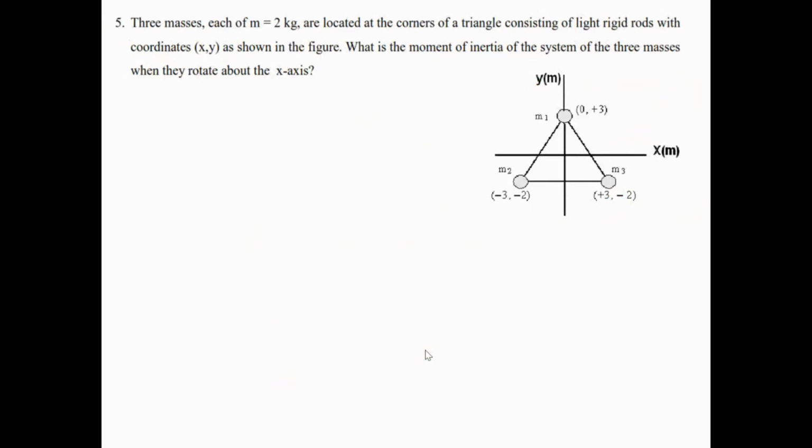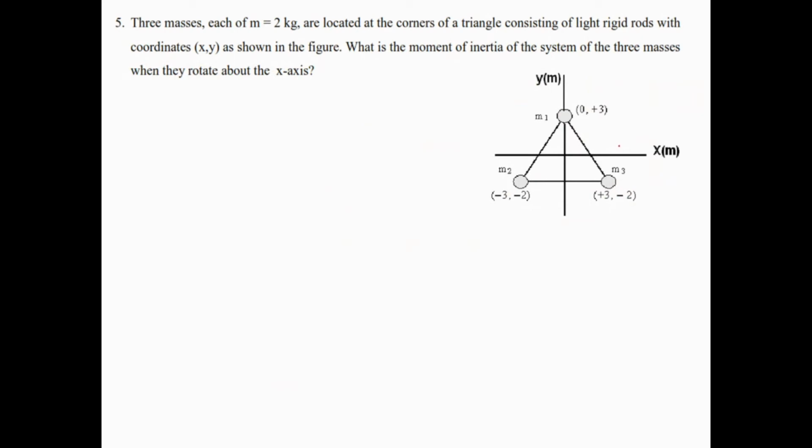Fifth question. Three masses, each with a value of 2 kilogram, are located at the corners of a triangle consisting of light rigid rods, with coordinates as shown in the figure. So you have to see the diagram here. You have three masses M1, M2 and M3, and their respective coordinates are given here.